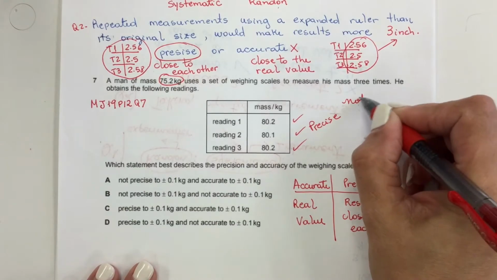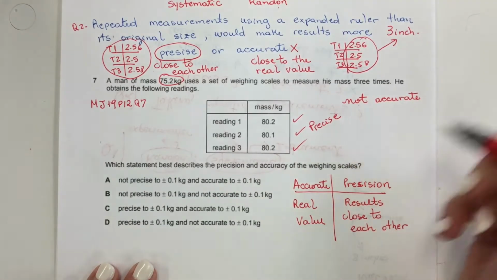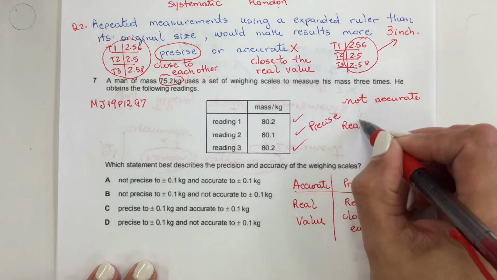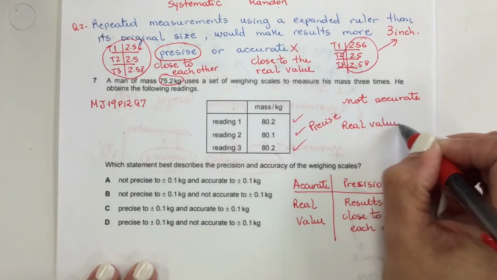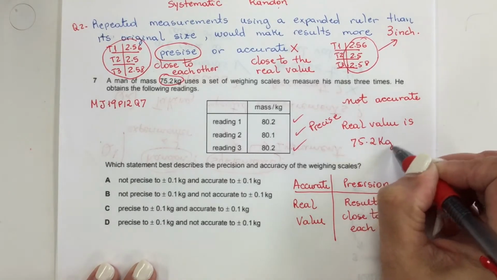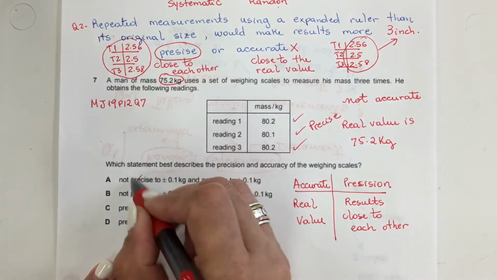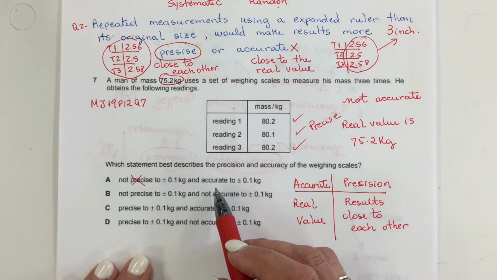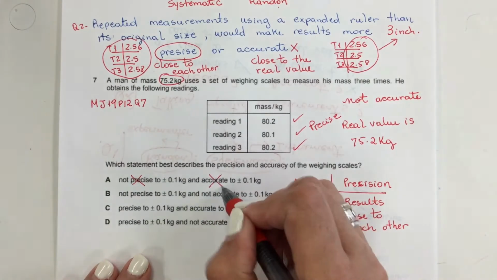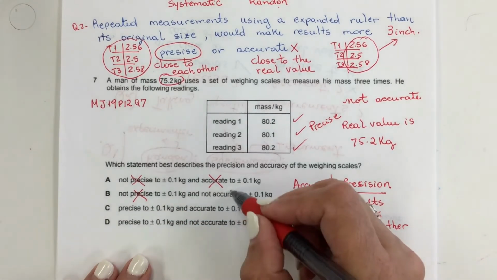The real value is 75.2 kilograms. So let's read the options and eliminate some of them. Not precise, incorrect. Inaccurate, no. Not precise, incorrect. Not accurate, yes.